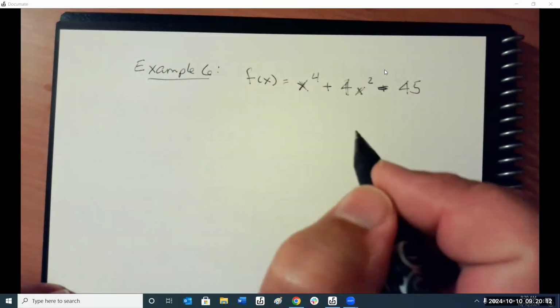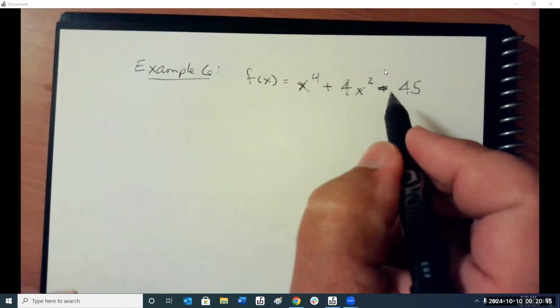So we have to factor this one out. It's 3 terms, so it's a trinomial.